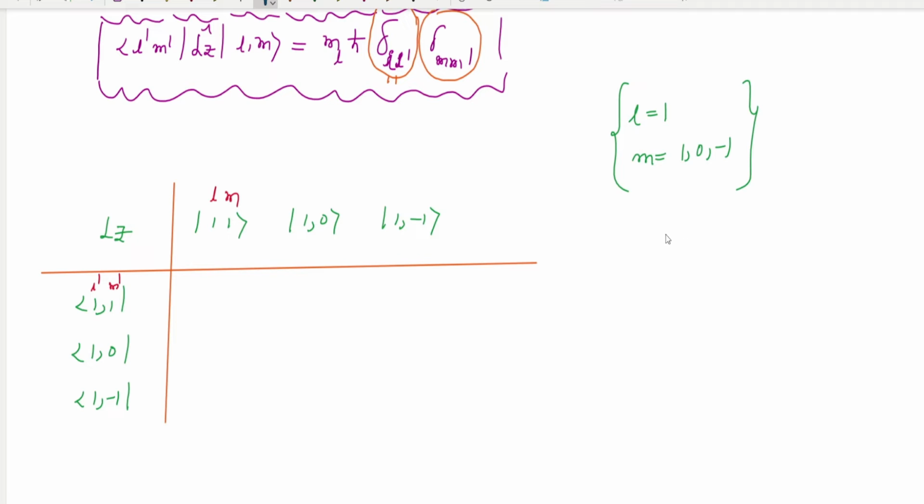First I'm going to check this one. So here L equal to 1, M equal to 1, and L prime equal to 1, M prime is 1. Then here M is 1, M prime also 1. These two are the normalized condition.